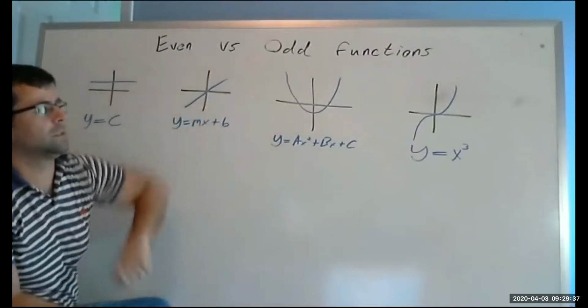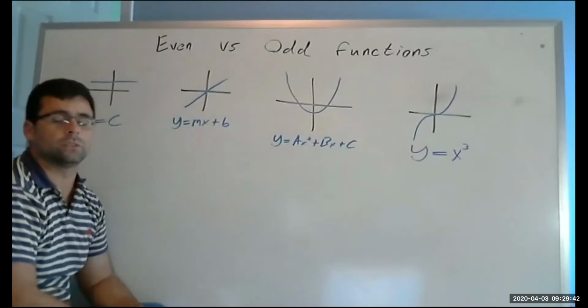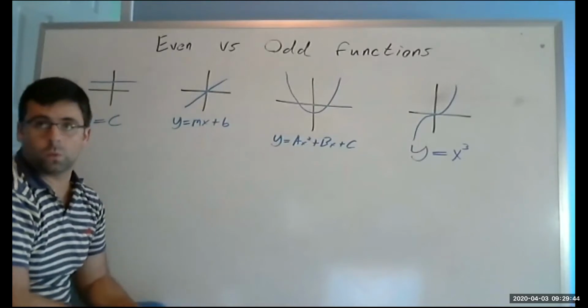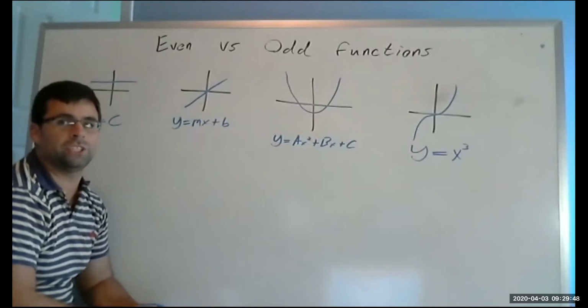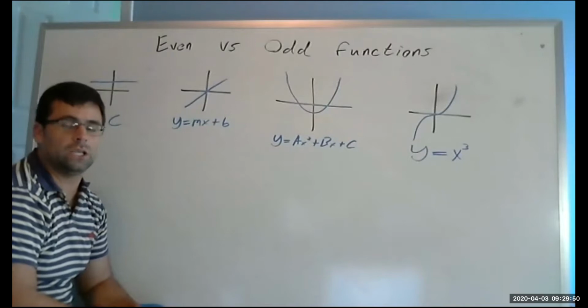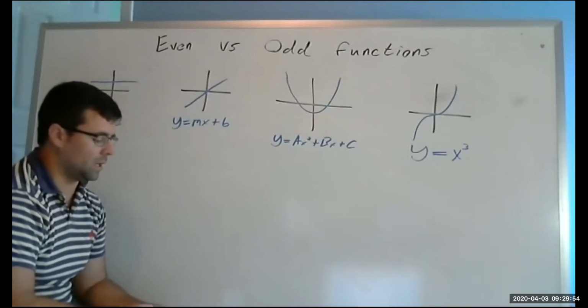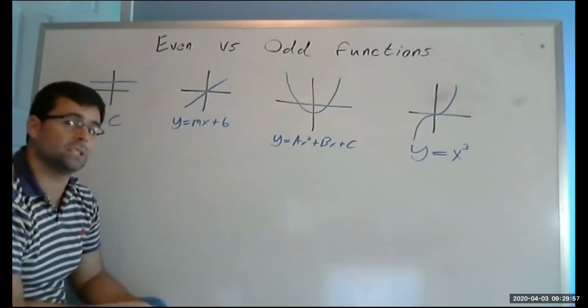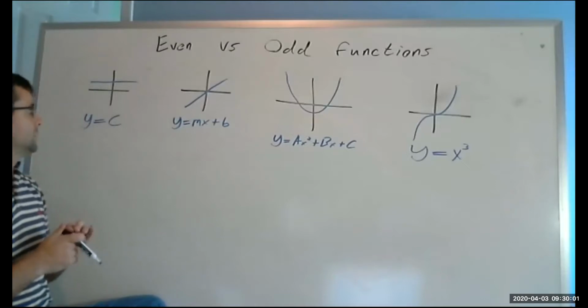And then y equals x cubed is a cubic function. So to determine whether a function is even or odd, we look at what the function does at the two ends.